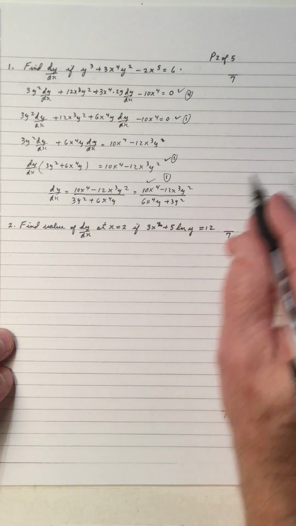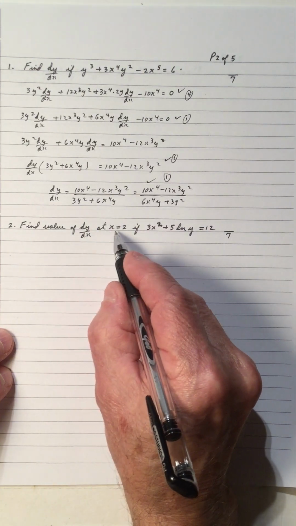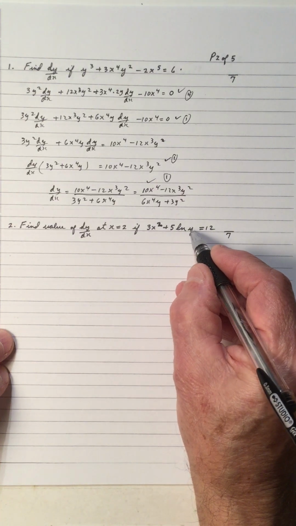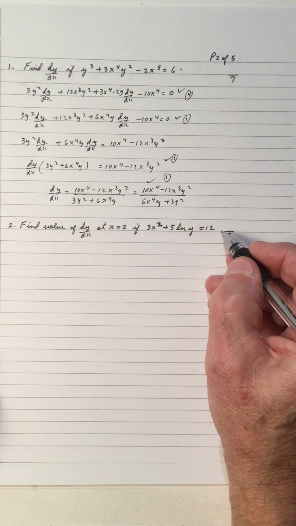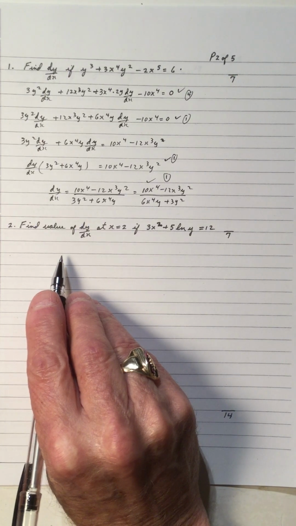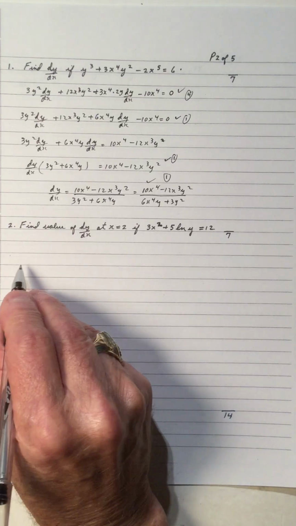Number 2, find the value of dy/dx at x equals 2 if 3x squared plus 5 ln y equals 12. To find the value of dy/dx, we need the point that it occurs at.